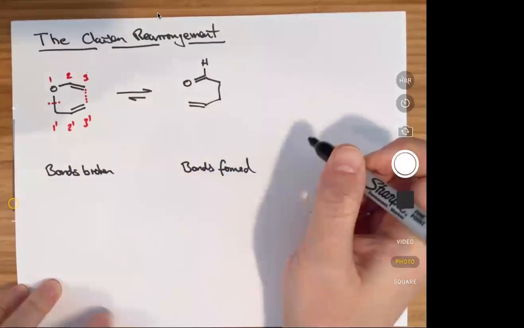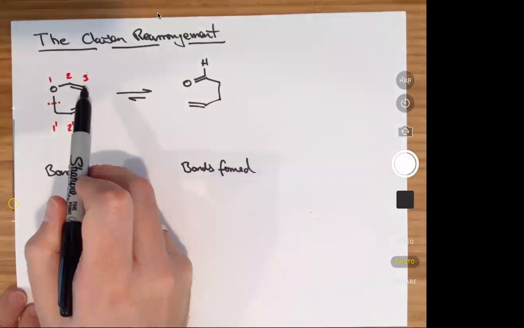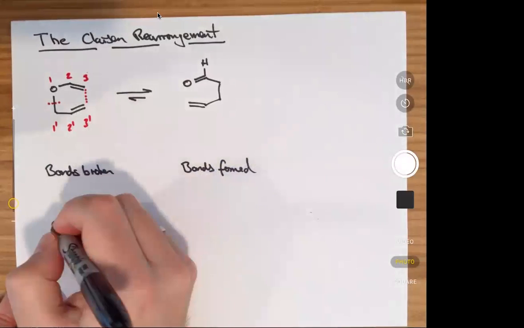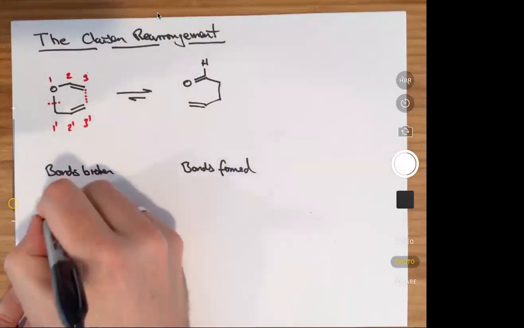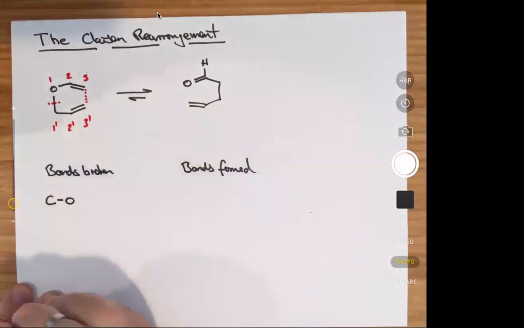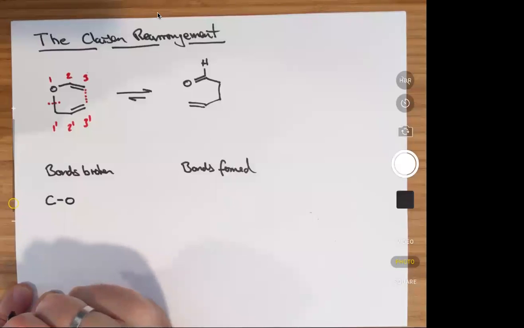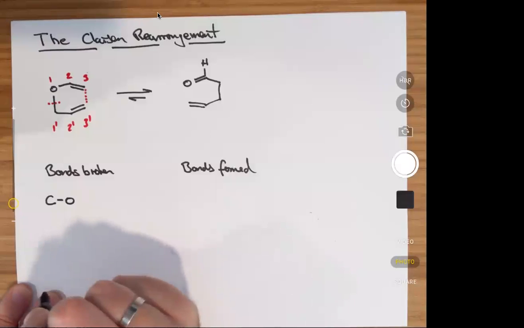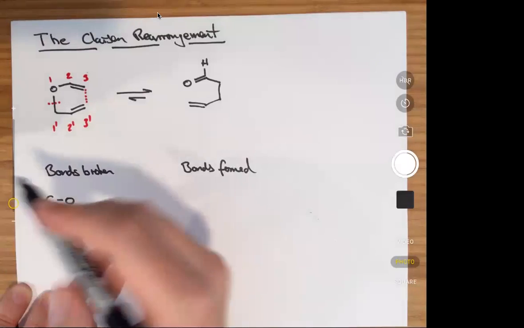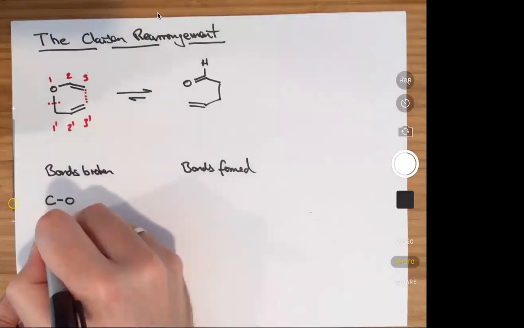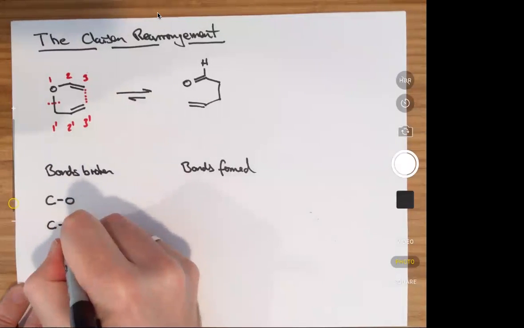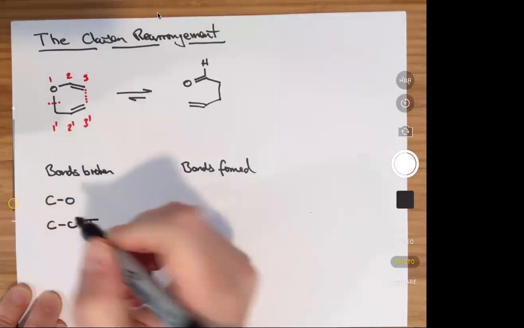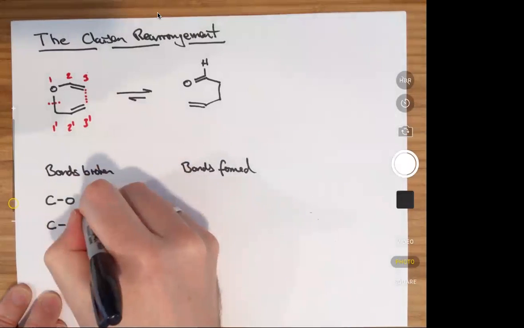So as part of this rearrangement here, we are essentially breaking a carbon-oxygen bond, so the CO bond here, and we are breaking the carbon-carbon pi bonds. Let's say pi bonds here. And this is the sigma bond.